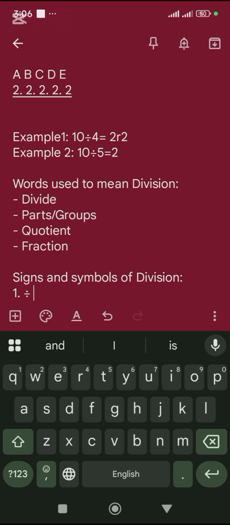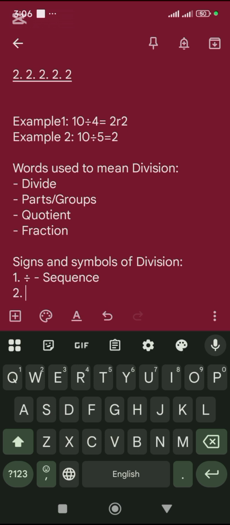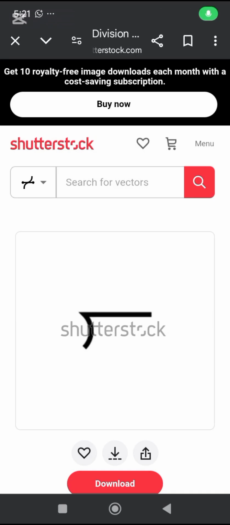We use this mostly for sequential division, when we are dividing in sequence, and mostly when there are no remainders. This is the exact sign for division.